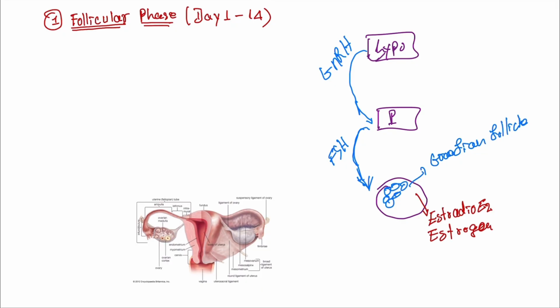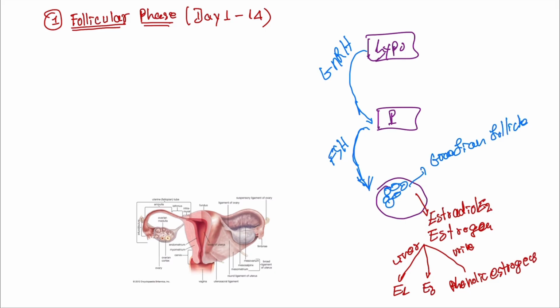Estradiol, E2, in the liver is converted to estrone, E1, by an oxidation reaction, and to estriol. Estriol is an inactive form, and it will be broken down and leave the body in urine as phenolic estrogen.